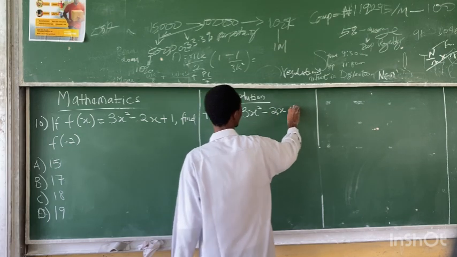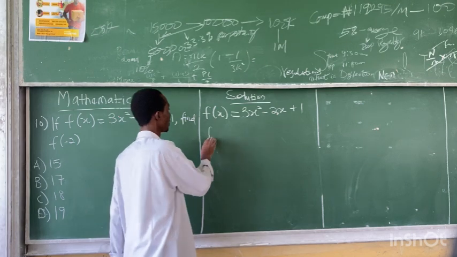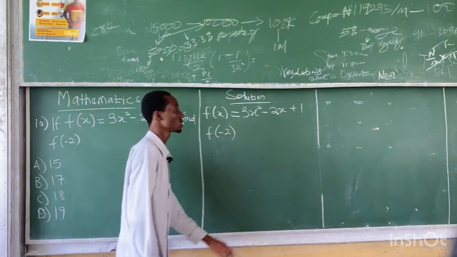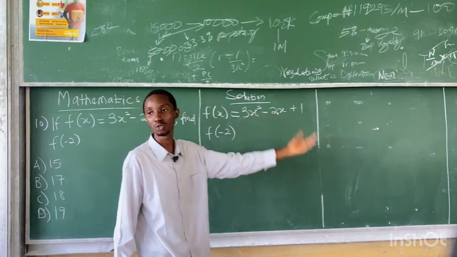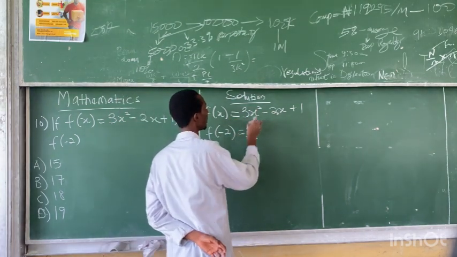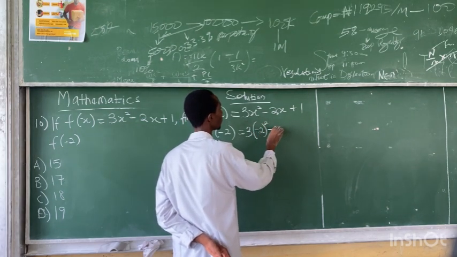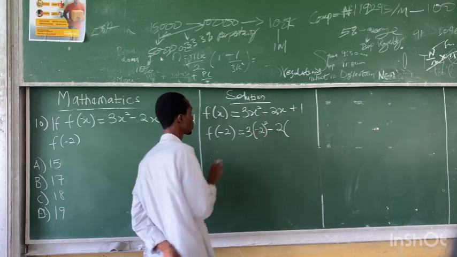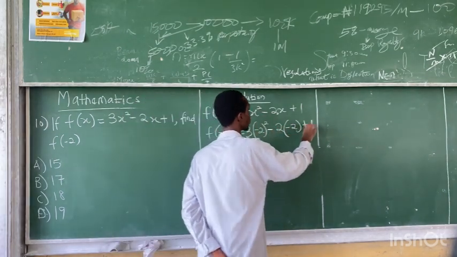Now, from the question, we have that f of x is equal to 3x squared minus 2x plus 1. f of minus 2 simply means in this equation, wherever you see x, replace it with what? Minus 2. If we do that, we have that 3 into x squared is minus 2 all squared, minus 2 into, instead of writing x, replace with minus 2, plus 1.